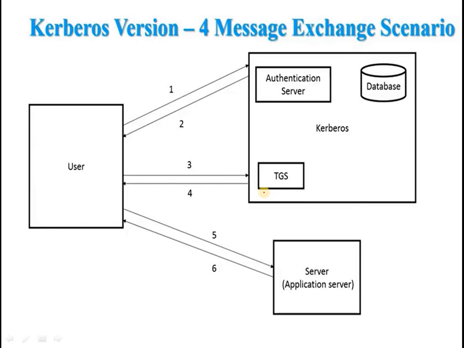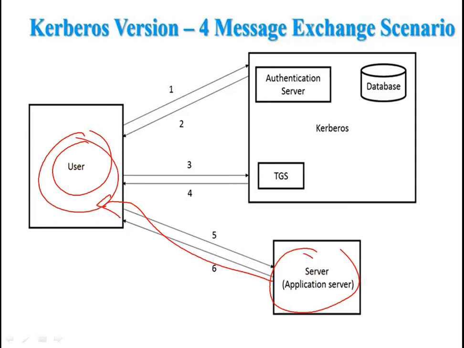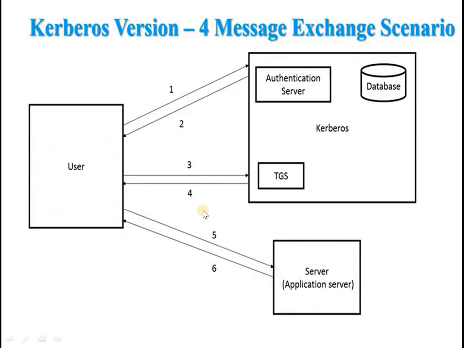This tells that this user is an authenticated user. Whatever ticket is sent by the TGS, he will now send to the application server, because he can't decrypt it. The application server decrypts that particular ticket, and once it thinks he is the authenticated client, it will send a response back to the user, so that the client and server can communicate with each other. This is what happens in the message exchange scenario.